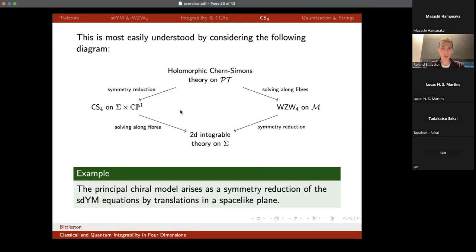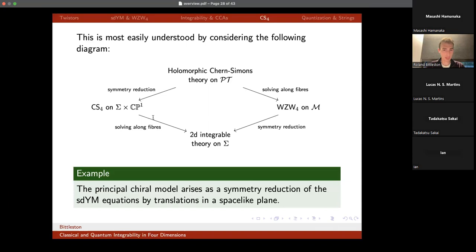You start with holomorphic Chern-Simons theory on twistor space, which is equivalent to the 4D WZW model on space-time. Ward tells you that the symmetry reduction of the 4D WZW model takes you to some 2D integrable model. If you lift this symmetry group, a subgroup of the conformal group, to twistor space and perform the reduction there, you land on 4D Chern-Simons theory.